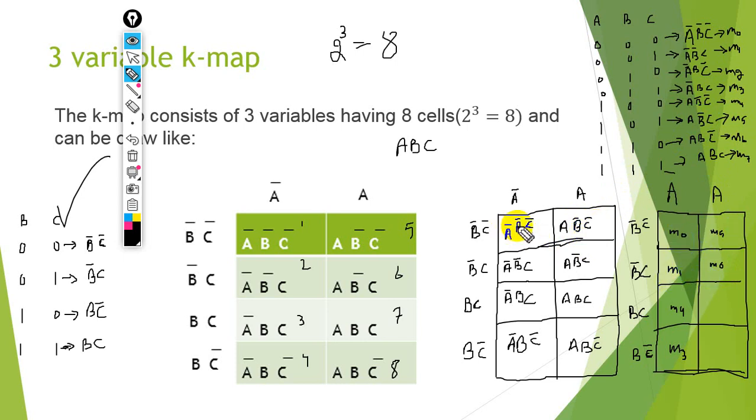M0 is A bar B bar C bar, we wrote that correctly. Then M1 is A bar B bar C. Then M3 is A bar B C. Sorry, here we should write M3.